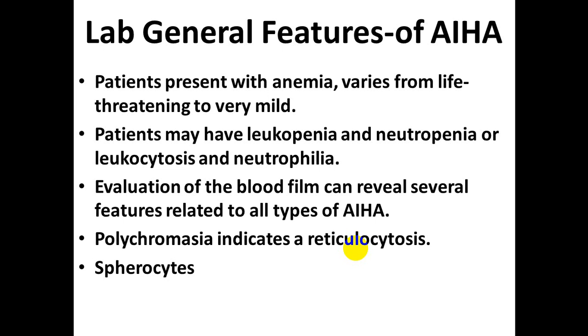Evaluation of the blood film can reveal several features related to all types of autoimmune hemolytic anemia. Polychromasia indicates reticulocytosis, and spherocytes are small red blood cells.